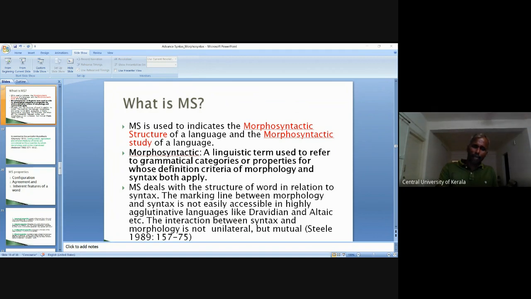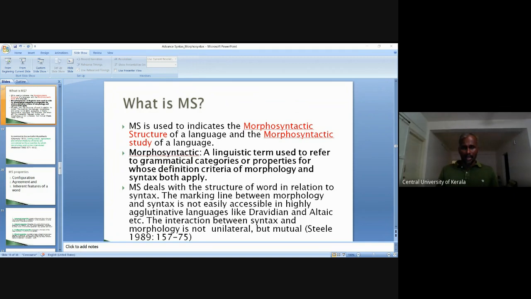There are three properties. One is configuration properties. Second is inherent properties. Third is agreement properties. One more property, later added by Anderson, is the phrasal property, which we are not discussing. You can go through that literature.